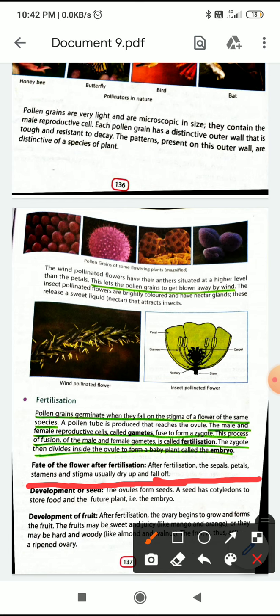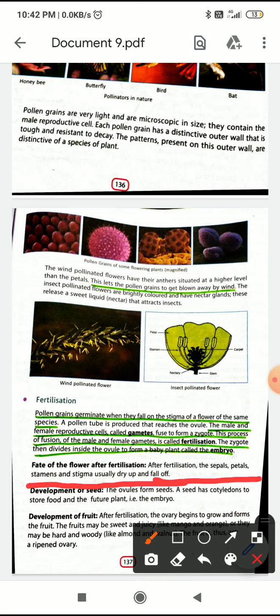Children, you can germinate some seed and put it into the soil, and then you will find that the seed coat and the seed leaves fall down like that.